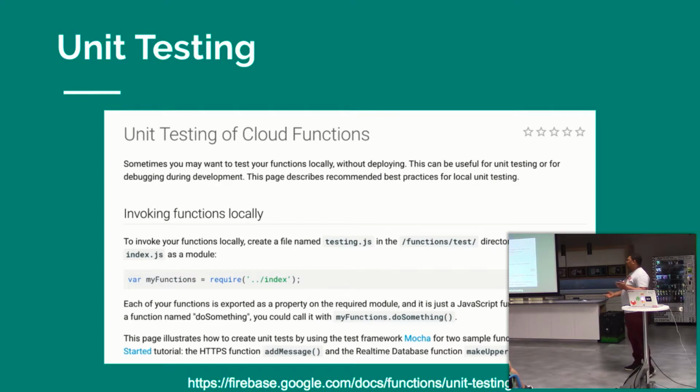Then again, I'm a big advocate for unit testing. So obviously you need to test your functions. In Firebase, they have actual documentation of using Mocha to test your functions, but you can use Jasmine also. Jasmine works quite fine.